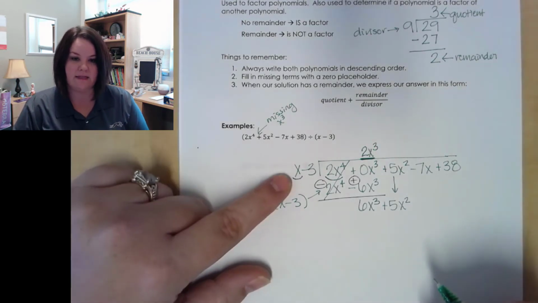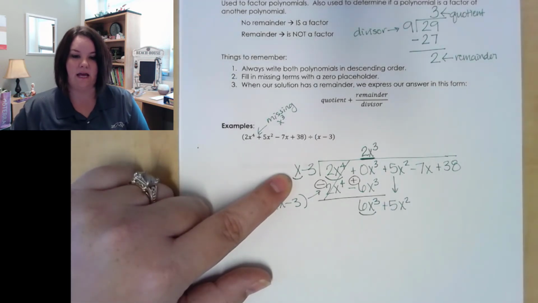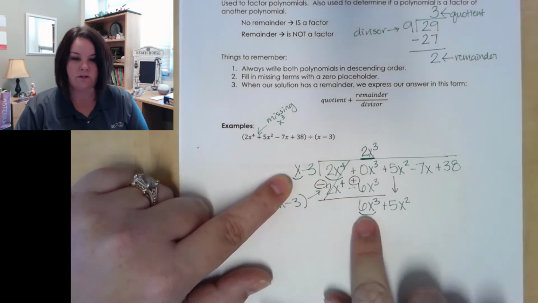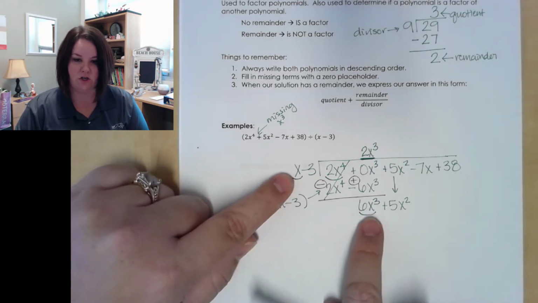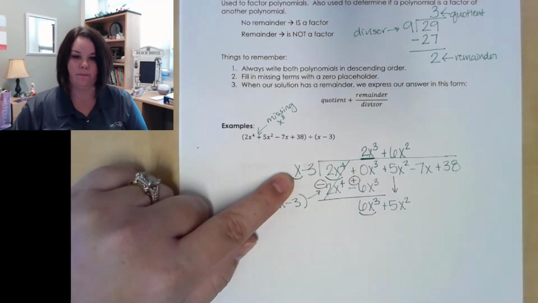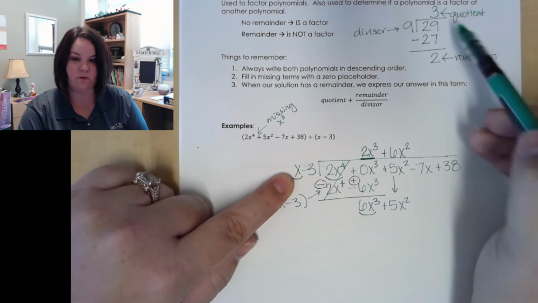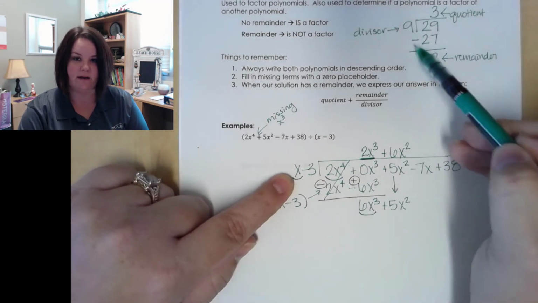What do I need to multiply this x by so that it looks like this leading term, 6x cubed? Well, I know I need to multiply by a 6, and then I also need to go from an x to an x cubed. So I need a positive 6x squared. So again, just like we did with the 3, once we write what we need up here, we multiply it by our divisor and write it below.